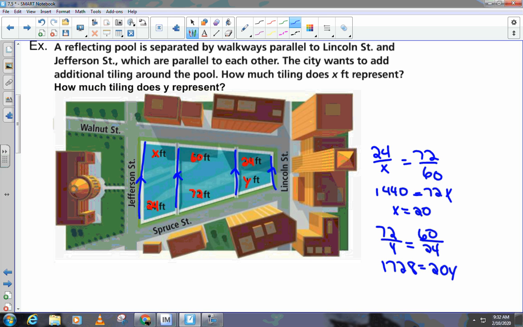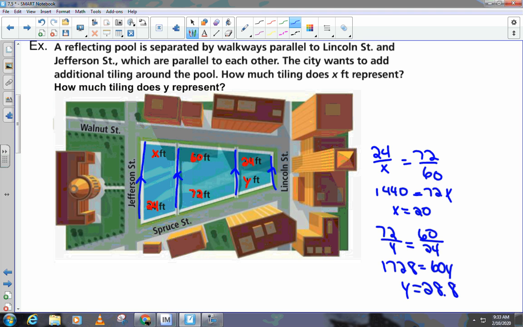I think I did something wrong. 72 times... Oh. You are right. I was going to say, I didn't think that answer was right. Where did I get 20 from? I must have pulled it from the top there. Okay. So 1728 divided by 60, which is 28.8. Okay, so 28.8. All right, any questions on what I did there?